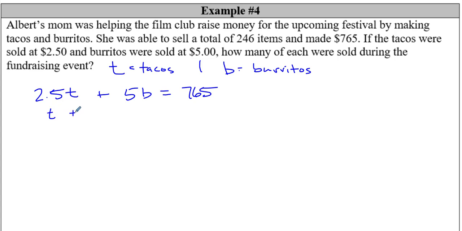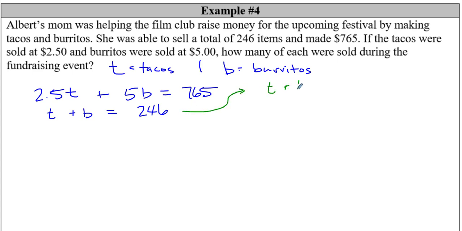But if she sold tacos plus burritos, we do know that tacos and burritos totaled up 246. So whether we know how many tacos or burritos, we know that the combination of both of them totaled up 246. So this is going to be another good substitution.